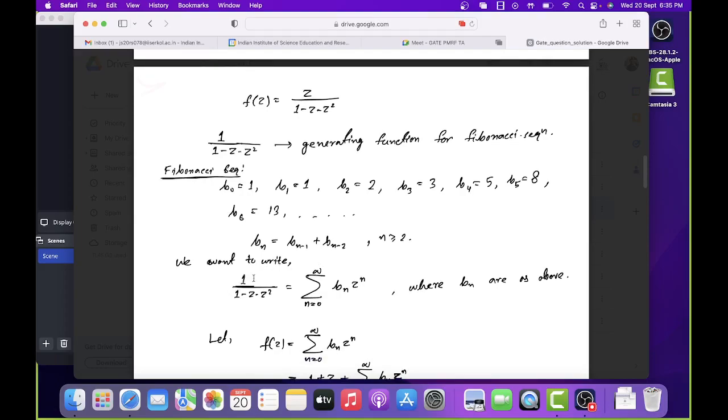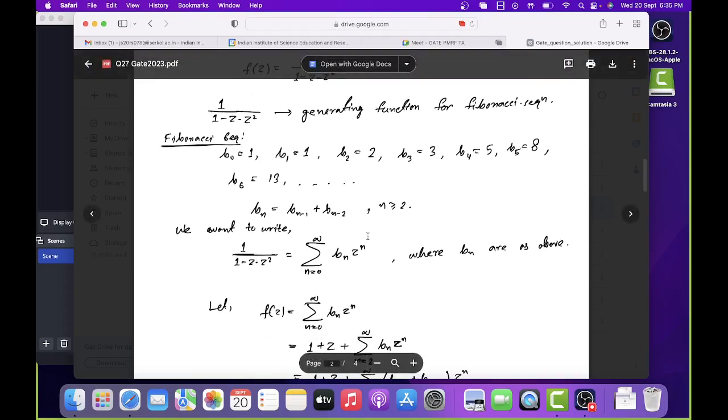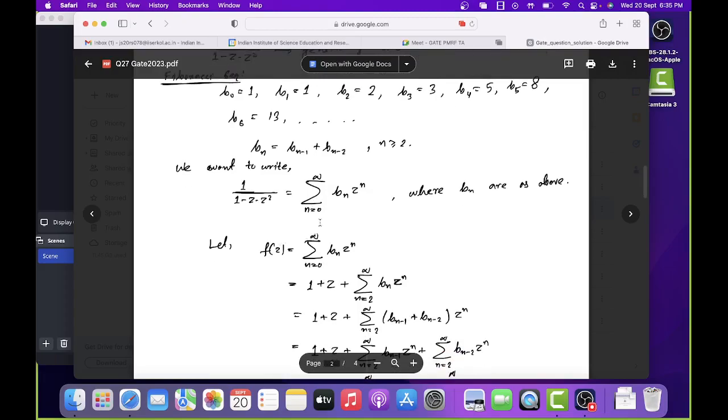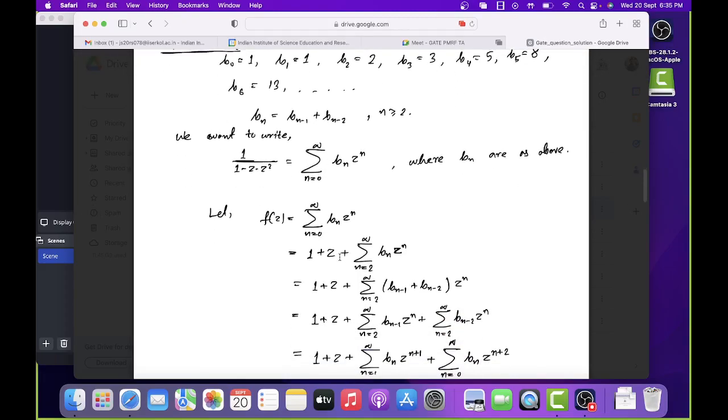So we want to write this function as a formal power series like this, where the bn's are the Fibonacci sequence. Okay, so let me call this power series f(z). Putting n equals 0, b0 is 1 and z to the power 0 is 1, so 1.